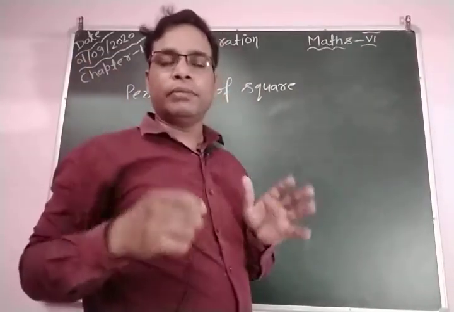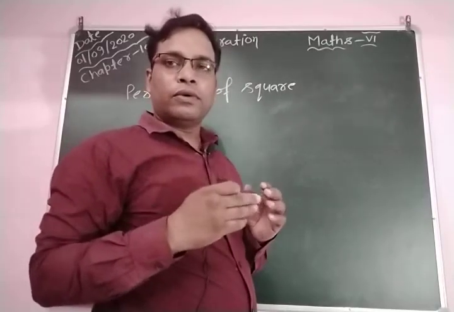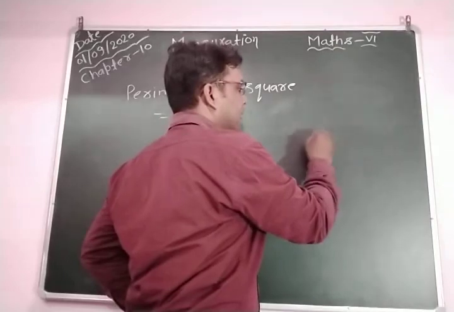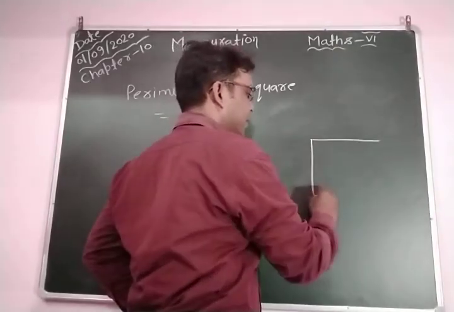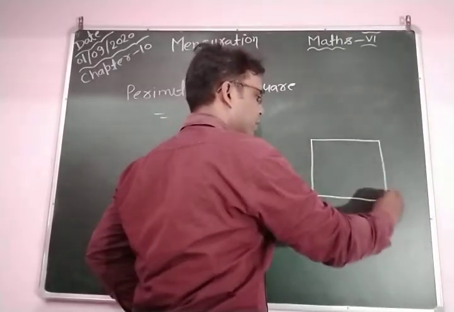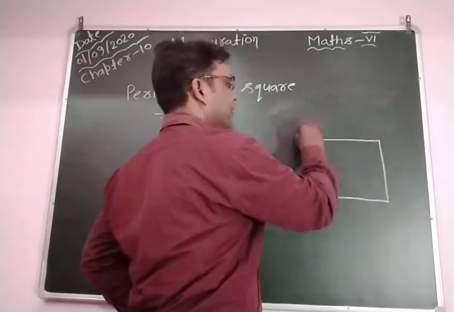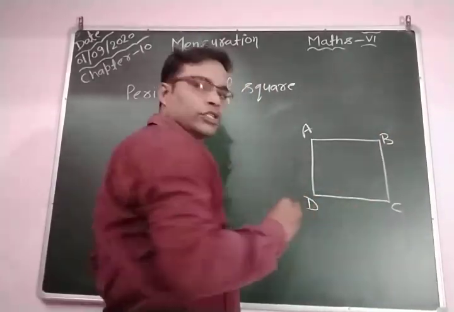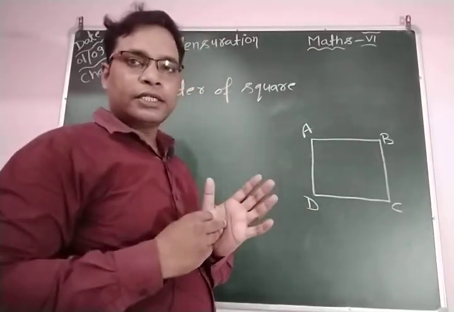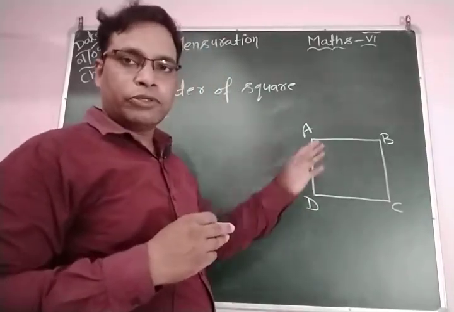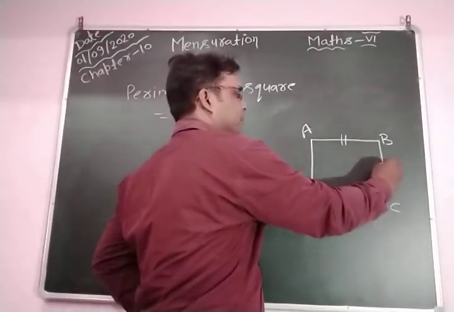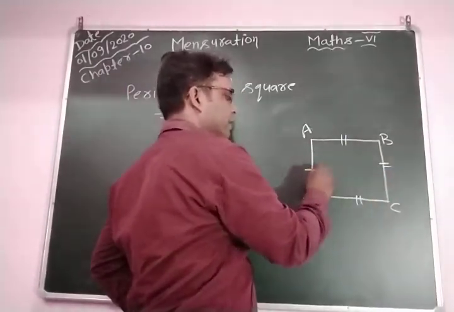I hope all of you are familiar with a square. A square has four sides and each side is equal to the others. Suppose this is square ABCD. In a square, all angles are right angles and all sides are equal. It means that AB is equal to BC is equal to CD is equal to DA.